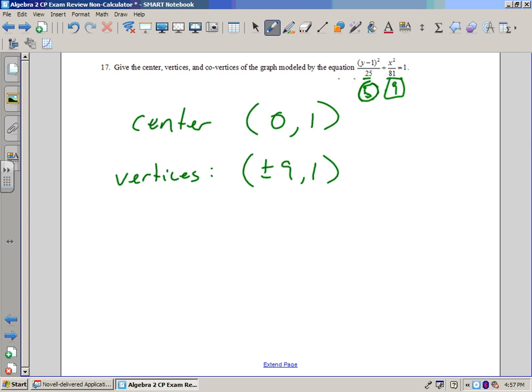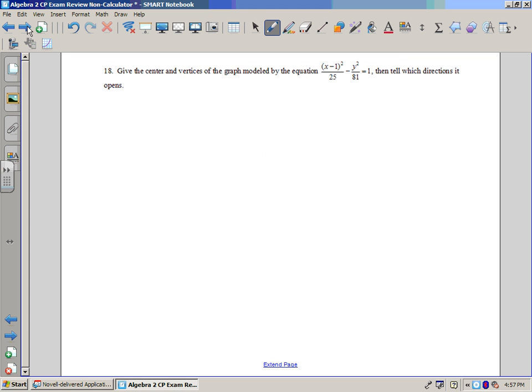I'm going to go 5 up and down from the center, and so my covertices are going to be 0, 1 plus 5 is 6, 0, 1 minus 5 is negative 4. And let's see, it didn't ask for my foci. I could find my foci by doing 81 minus 25, taking the square root, and going out from the center by that number.